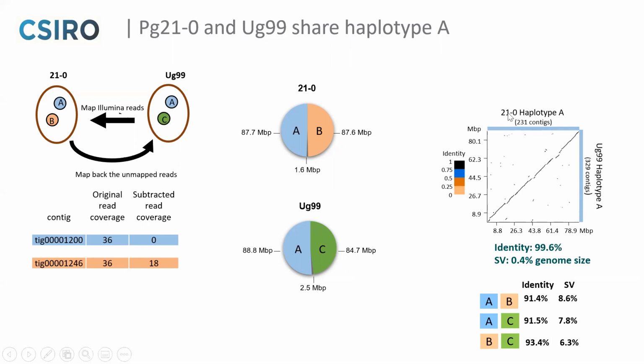When we compare the contigs in haplotype A in 21-0 with the contigs in haplotype A of Ug99, we found a high level of identity, about 99.6%, with very little structural variation between the two haplotypes. However, if we do the respective comparisons between haplotype A and B in 21, we see how that identity decreases and the structural variation increases.